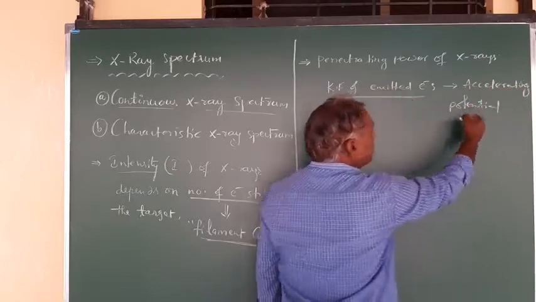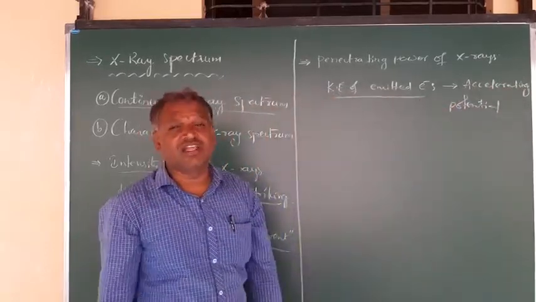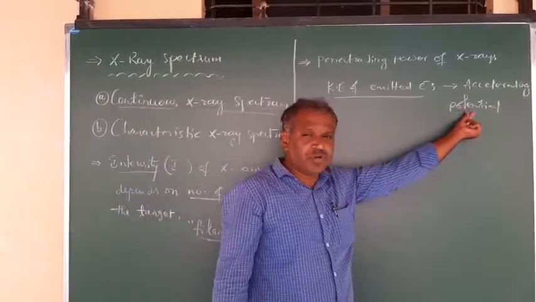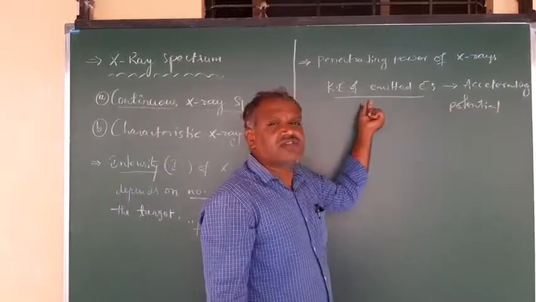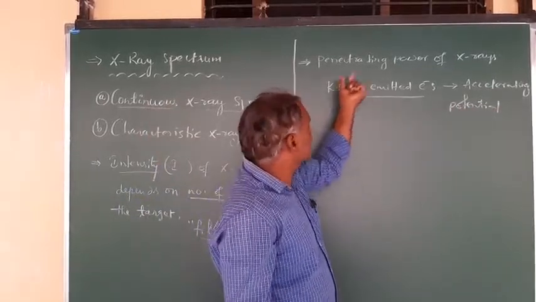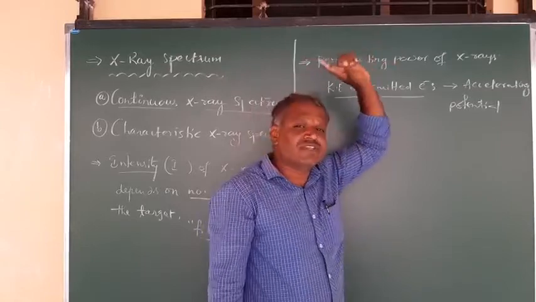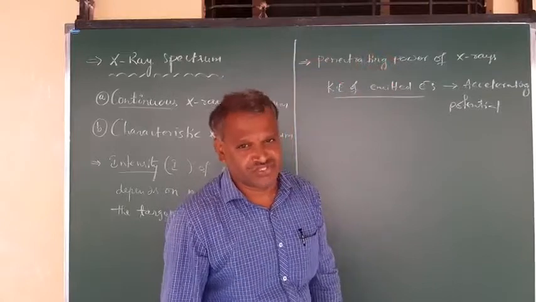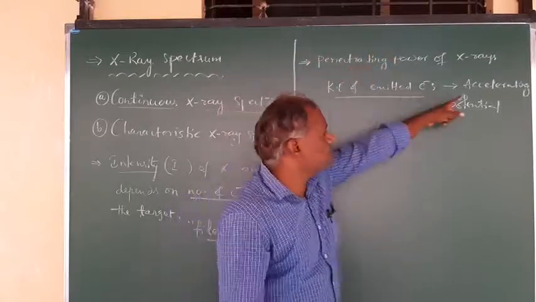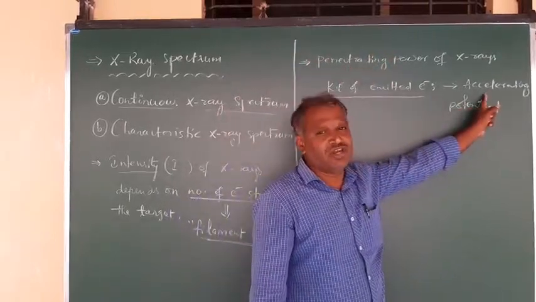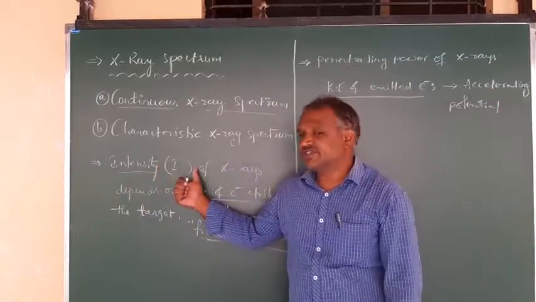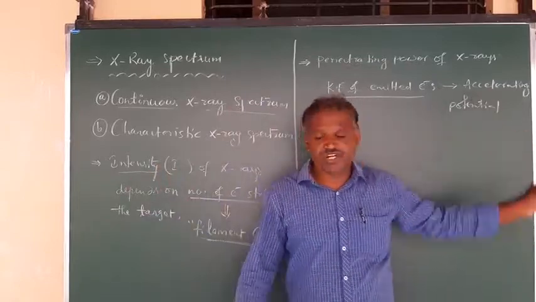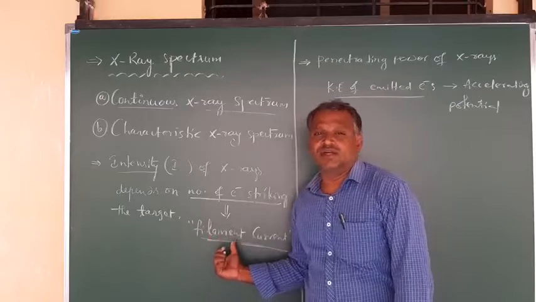When you increase the accelerating potential, the kinetic energy of the electrons also increases. Once the kinetic energy increases, the energy of X-rays increases, which means the penetrating power of X-rays increases, right? So penetrating power depends on the accelerating potential, but the intensity of X-rays does not depend on the accelerating potential. It depends on the filament current, right?